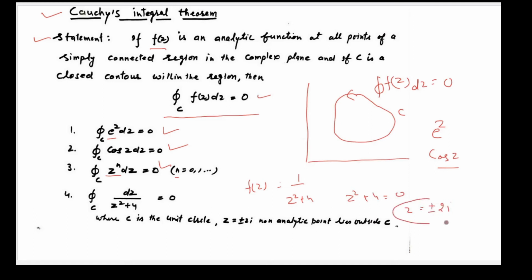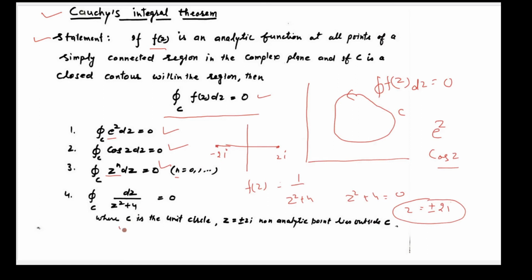These are the singular points. In a complex plane, here 2i, here minus 2i. Singular point means the function is not analytic at these 2 points.